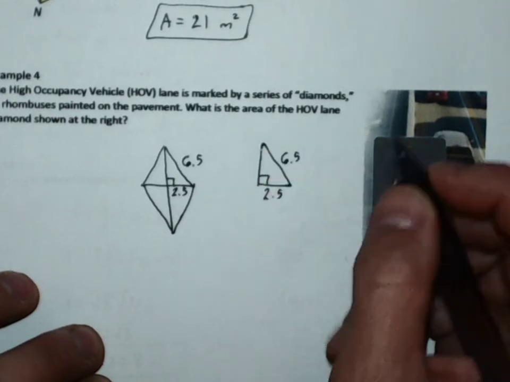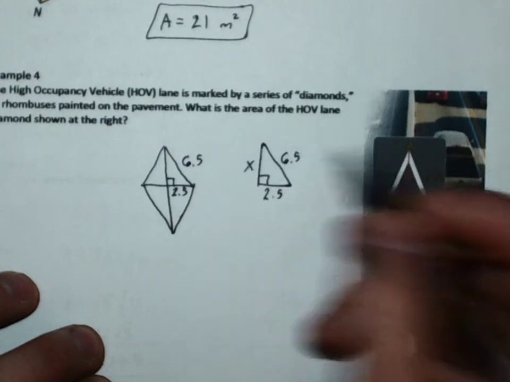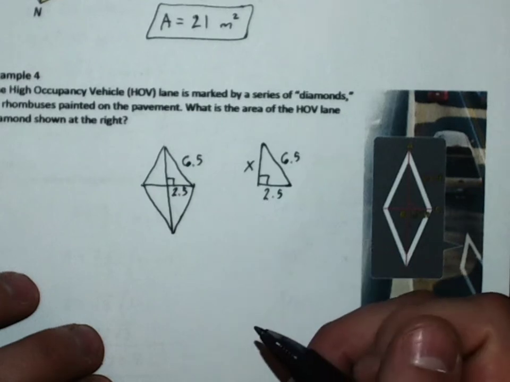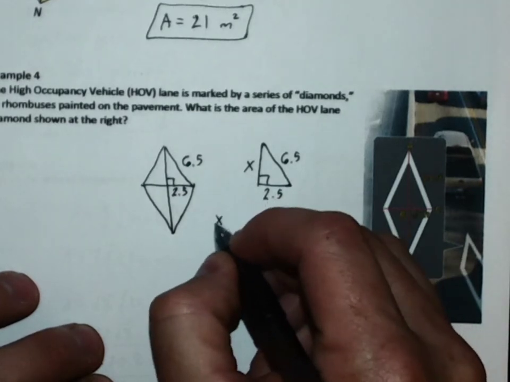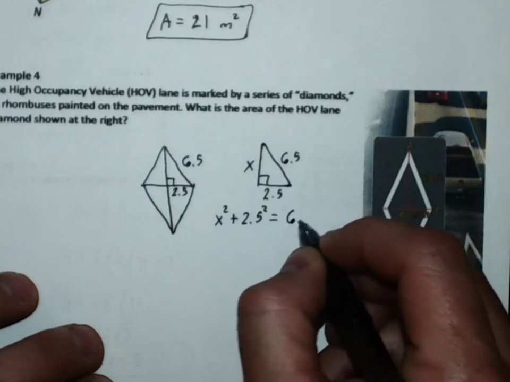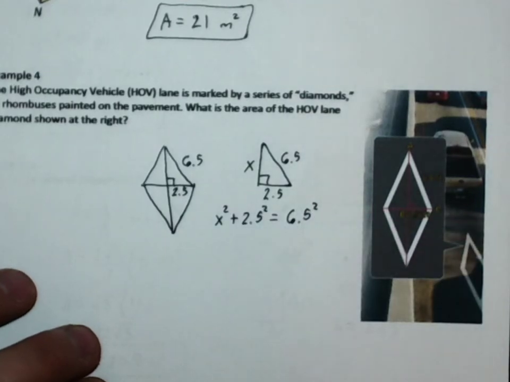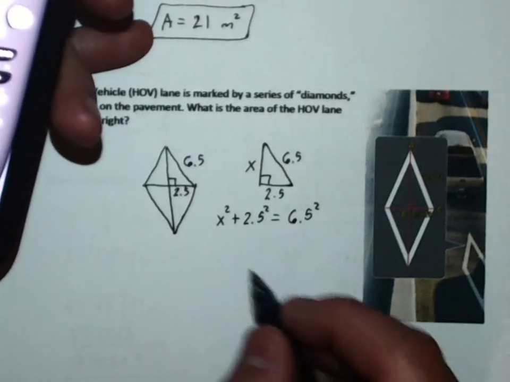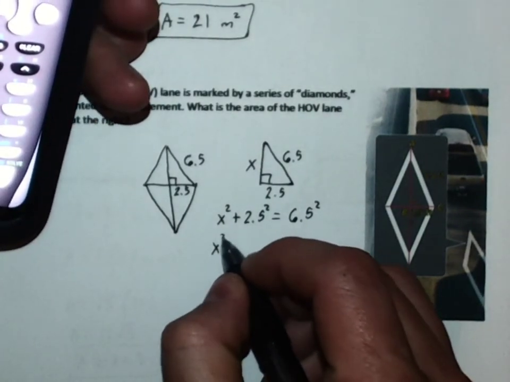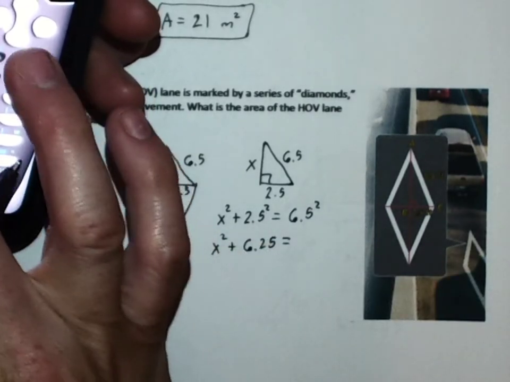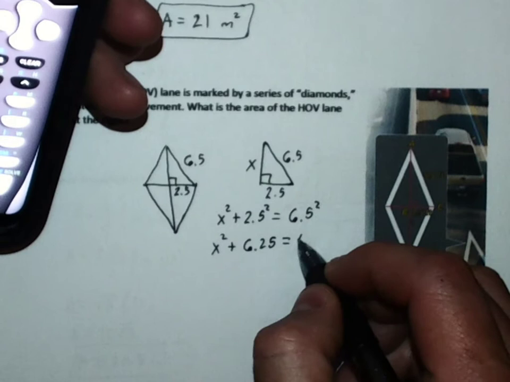But it's a right triangle. So how can I find that distance on a right triangle? Well, I can use Pythagorean theorem. I can say that x squared plus 2.5 squared is going to equal 6.5 squared. 2.5 squared is 6.25. 6.5 squared is 42.25.